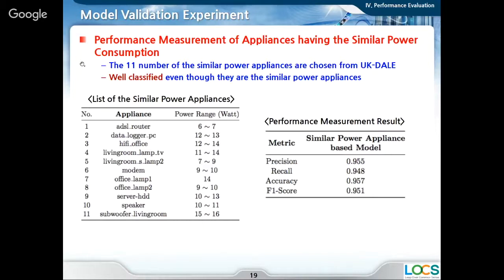So we selected 11 appliances from UK-DALE, and we trained the models. And the right table is the result of our performance. So you can see that the model can classify well, even for appliances having similar power consumptions.